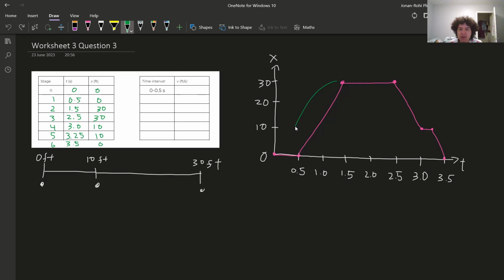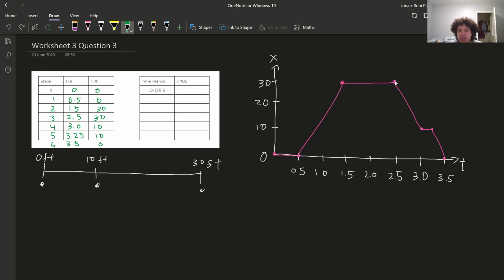And if we compare this graph, this idea that the bird's moving from 0 to 30 over this time period, and then we look back at our little flower line here, that velocity is going to be a forward velocity. So we can expect that the bird's going to have some kind of positive velocity during this time interval when the bird is moving from position 0 to position 30.